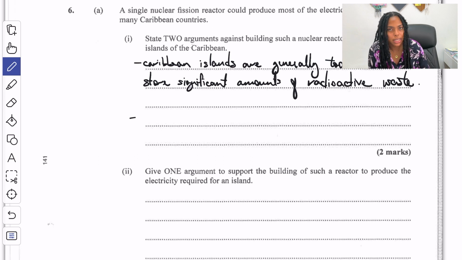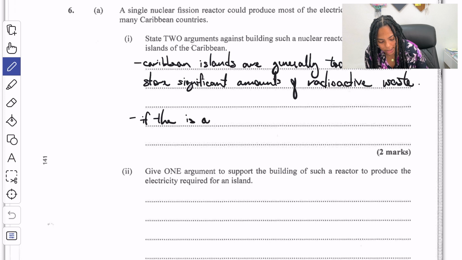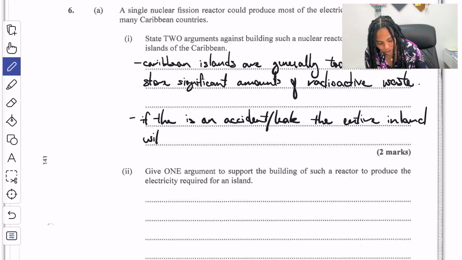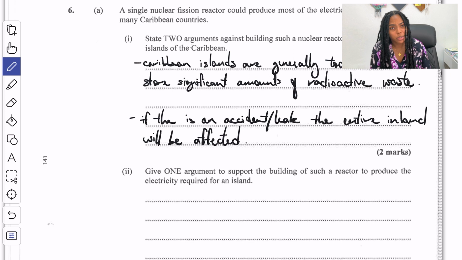Then I would also say that if there's an accident or a leak, it affects the entire island. So if there is an accident or leak, the entire island will be affected. Maybe you could say things like startup costs, shutdown costs, maintenance costs, whatever you think makes sense.